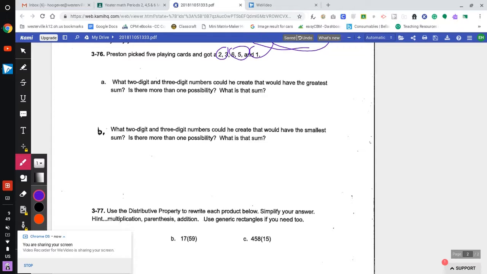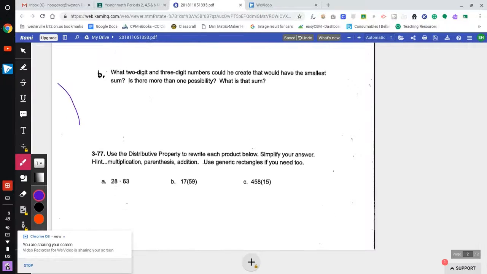Just show your work and then give your answer. For B, what 2- and 3-digit numbers could he create that have the smallest sum? Is there more than one possibility? What is the sum? So just again, playing around with the numbers. There is a right answer, but as long as you're trying something here with these 5 numbers, you're going to get credit for it, and we'll go over it in class.